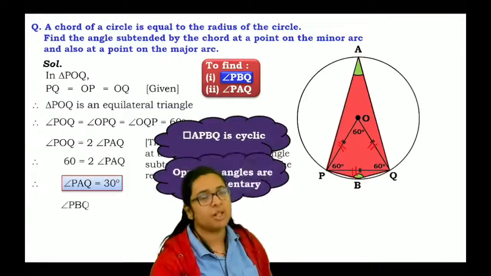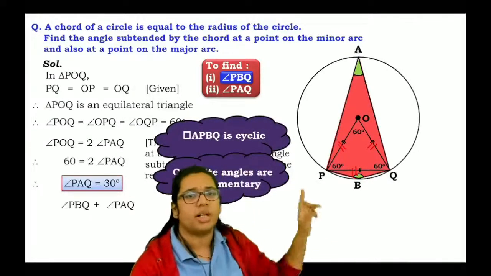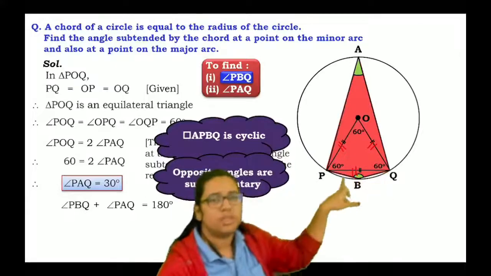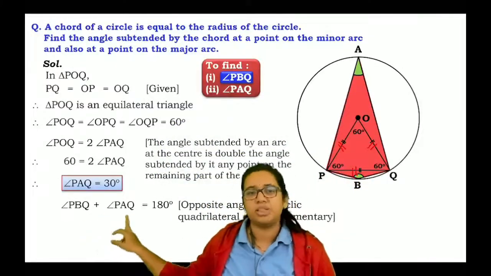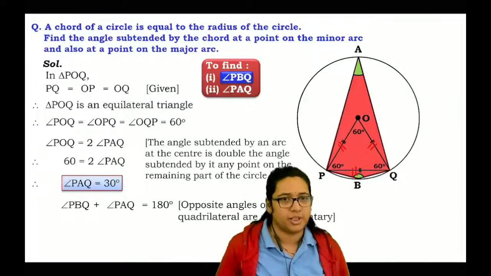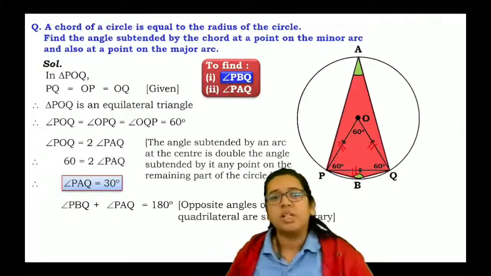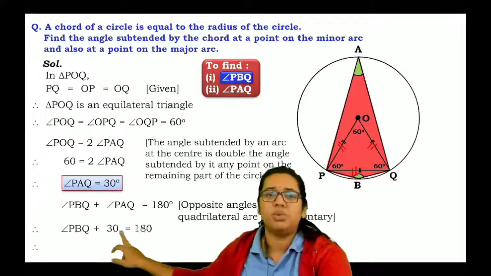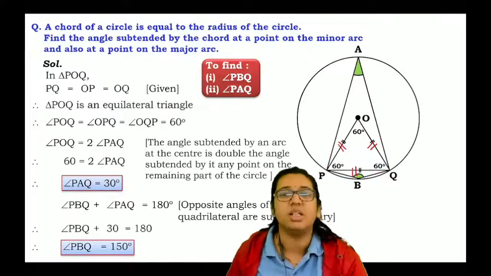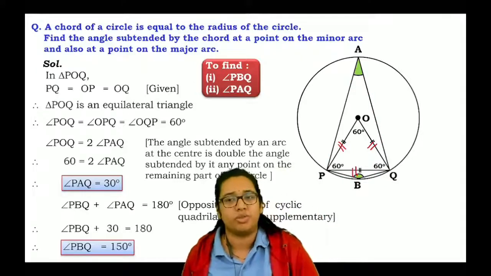It means you can use that PBQ plus PAQ equals 180. Getting this one? Okay, so PAQ is equal to 30 degrees. It means PBQ is nothing but 180 minus 30. So its answer will be 150 degrees.